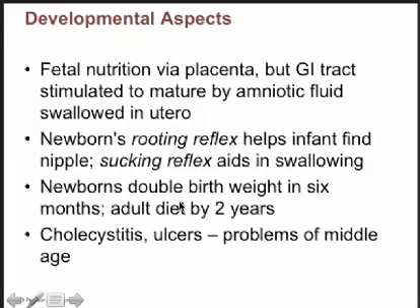Ulcers are basically erosions in the lining of the GI. Gastric ulcers, which were once thought to be solely due to stress, have now been found to be due to infection of the gastric lining by a bacteria known as Helicobacter pylori, which is sort of an interesting pathogen.